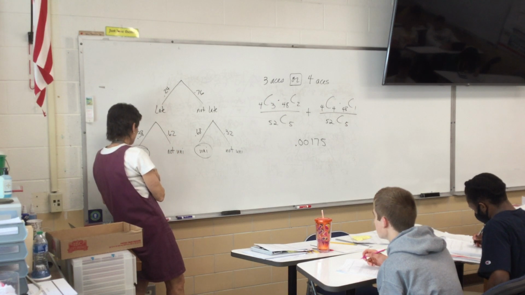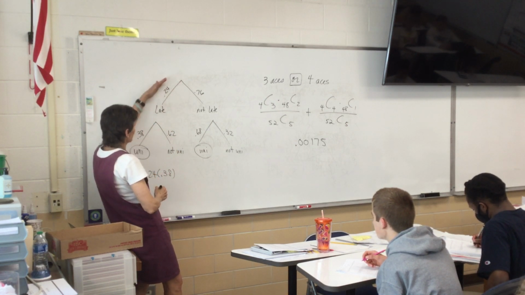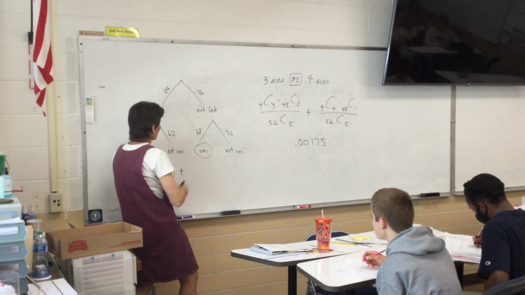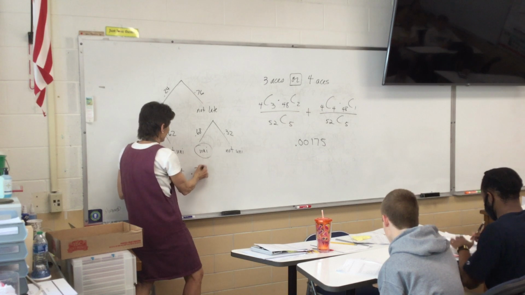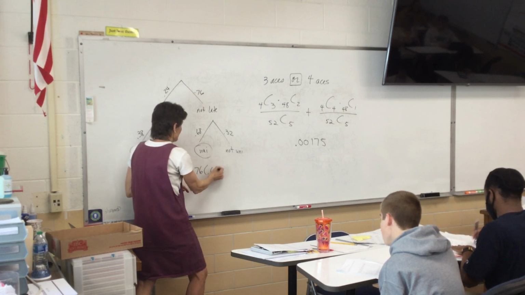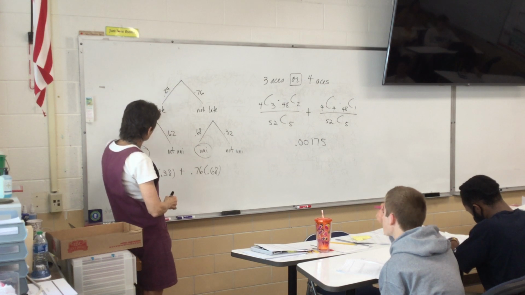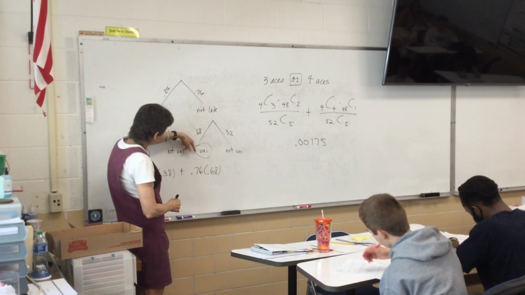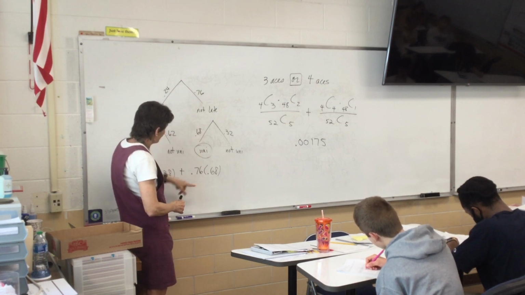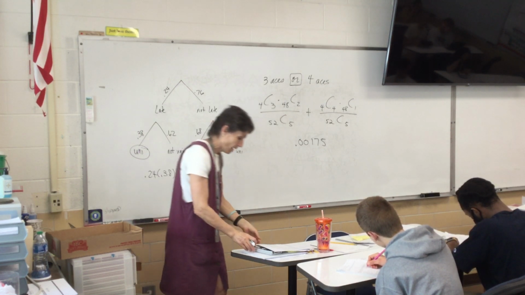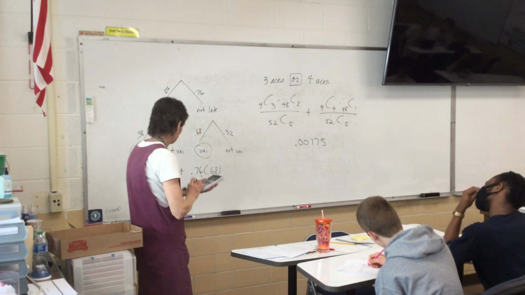So 0.24 times 0.38, that is I am late and I'm in uniform, or I can be not late and in uniform. So I need this branch right here, and I need this branch right here, one or the other, so I'm going to add them up, multiply and add.